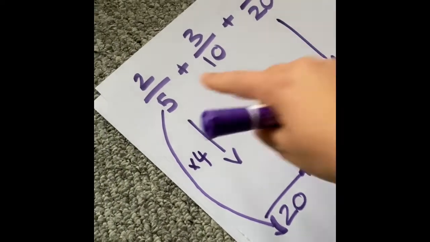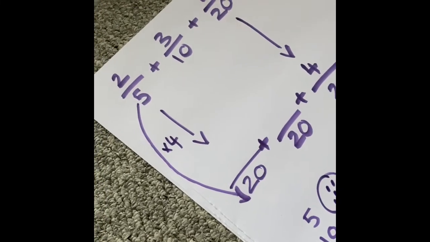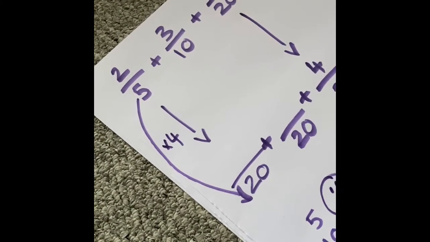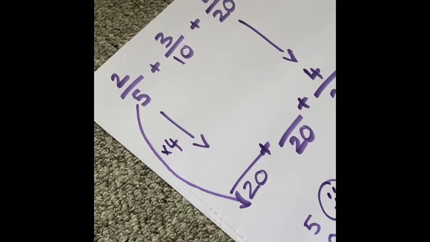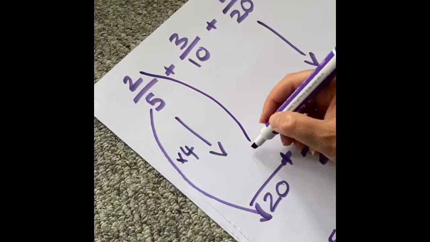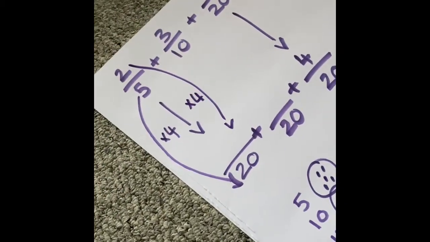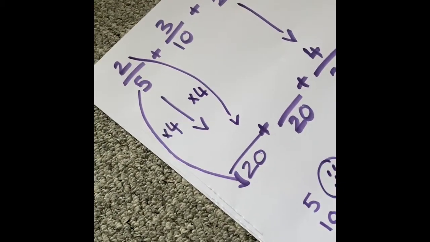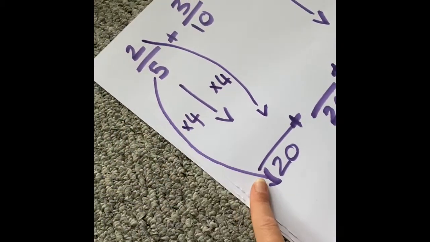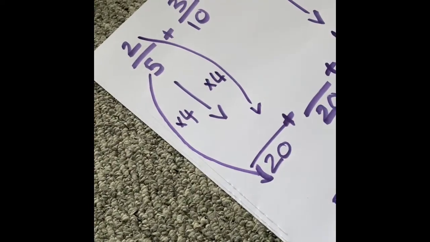Now I know that 5 times 4 gets me to 20, but there's something else that we learned in the classroom: when I do something to my denominator, what do I need to do to my numerator? I need to do exactly the same. I'm hoping that you all shouted out at your computer screen then because you knew what I was talking about. So I have multiplied my denominator by 4, so I'm going to do exactly the same to my numerator.